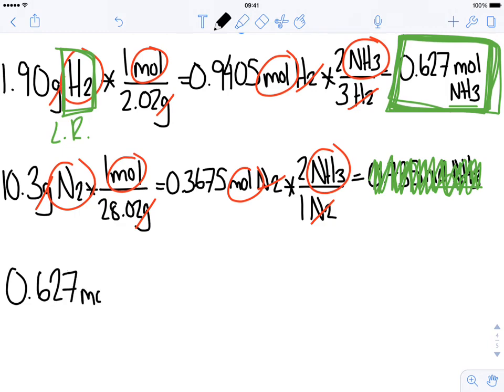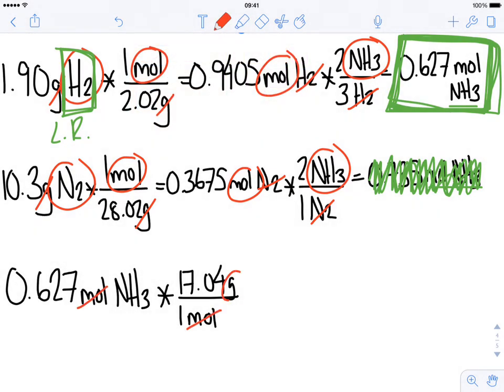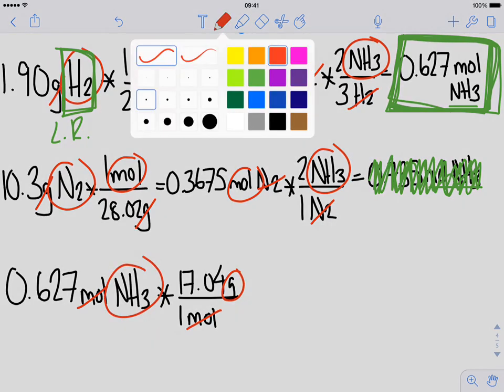So we're going to come down here and take this 0.627 moles of NH3, and we're going to convert it to grams of NH3 because for our percent yield formula, the numbers have to be in grams. So we convert this to grams: 1 mole goes on the bottom because that's what we want to cancel, and the molar mass of NH3 is 17.04 grams. So moles cancels with moles, and we're left with grams of NH3.